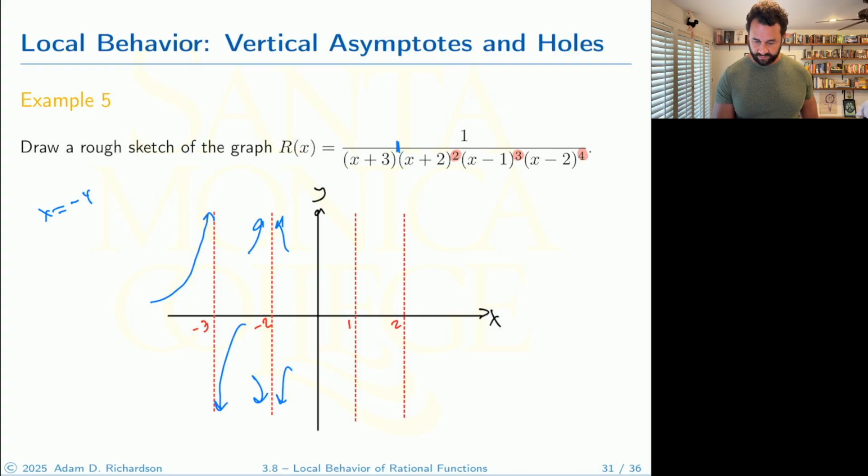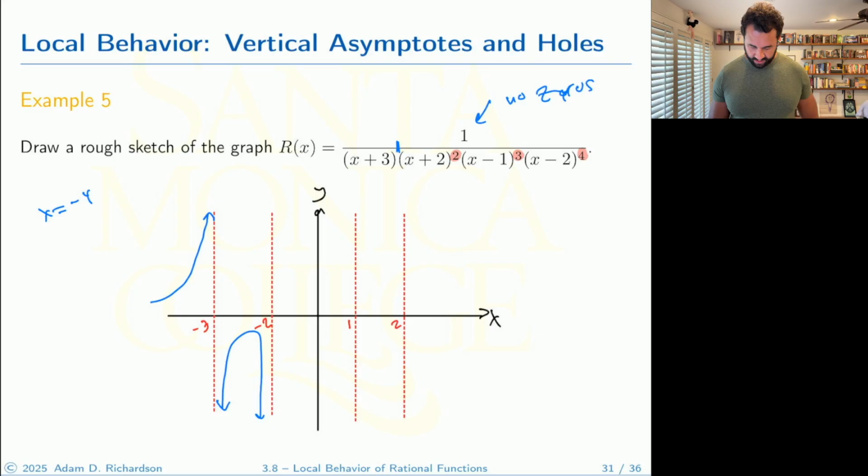Notice that if this were up here, then the graph would have to pass through the x-axis. That would mean there's a zero in there, but this denominator has no zeros whatsoever. So it can't be this. What's got to happen is the graph has to swoop up and then come back down like that.